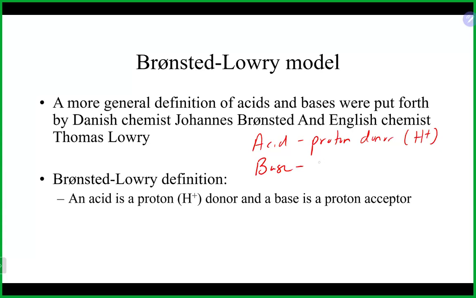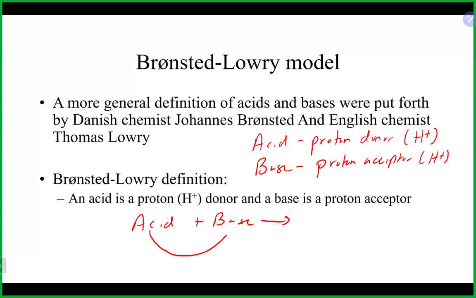So a proton acceptor. In the Bronsted Lowry definition, you have an acid that's going to react with a base, and it is the acid that's going to send the H plus over to the base, and the base is going to accept it.